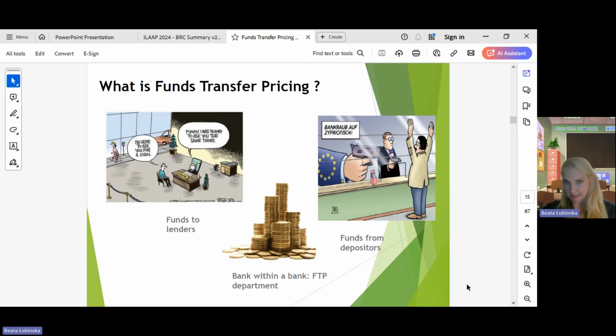It's not always the case. Sometimes ALM is under Treasury, sometimes it's not. So in this particular presentation, we will be using the terms interchangeably. So basically, we are saying it is the same department, or ALM is within the Treasury department.